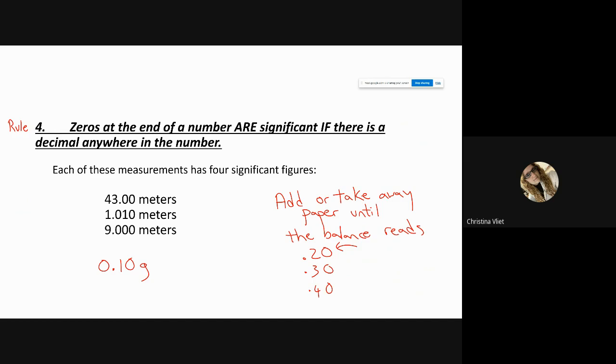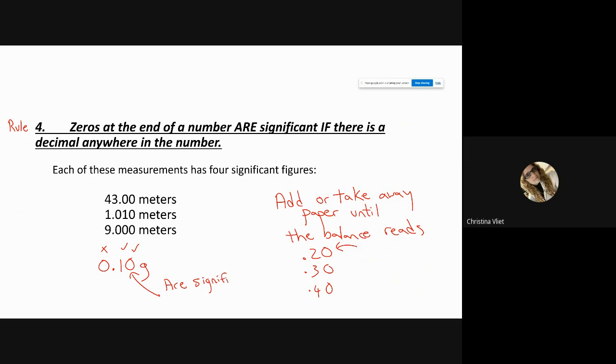And the 1 matters? Yes. But the 0 over here doesn't matter. So this has what we would call 2 significant figures in the measurement. And so what that teaches us is that zeros at the end of the number are significant because they're part of the reported measurement from the utility you're using.